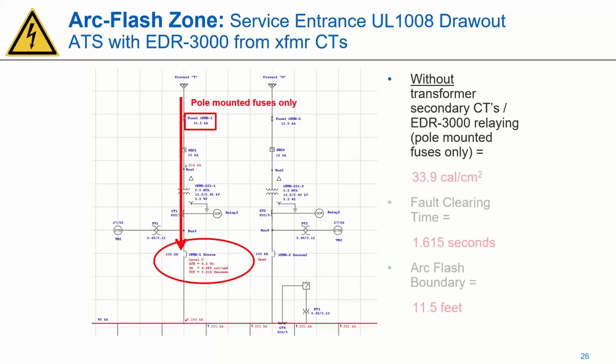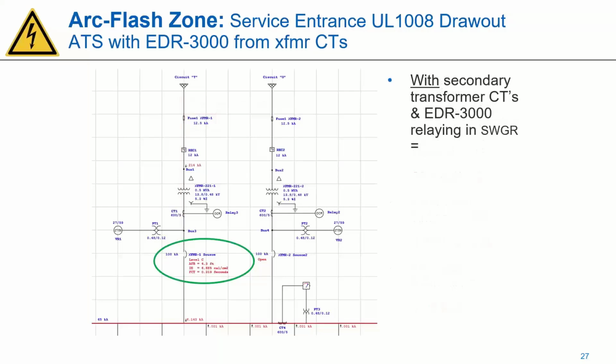We're looking at about 34 calories per centimeter squared and a pretty significant clearing time. For those of you that are unfamiliar, clearing times that are over a second is essentially eternity in arc flash terms. While it does interrupt, it does not get that arc flash energy down and would be unacceptable to the customer. So this was just looking at those fuse cutouts to protect the system.